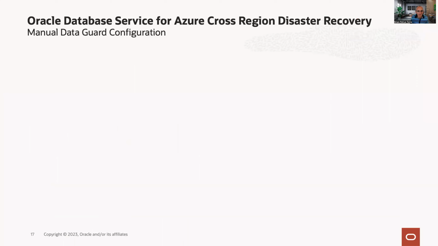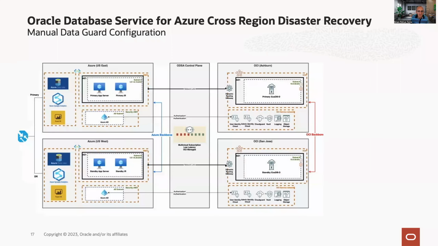So next, we come to how to deploy Data Guard when using Oracle Database Service for Azure. And this slide, we have seen it before. You have the primary region and you have the DR region. In this example, the Ashburn region on the top and the San Jose region at the bottom.